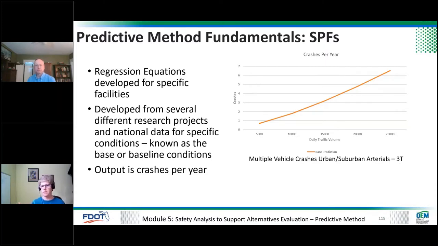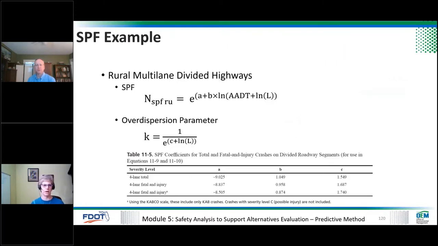So that's my facility type, and here's my traffic volume, and it spits out some crashes per year. That's the basics of what you're doing. And the SPF reflects a base condition.